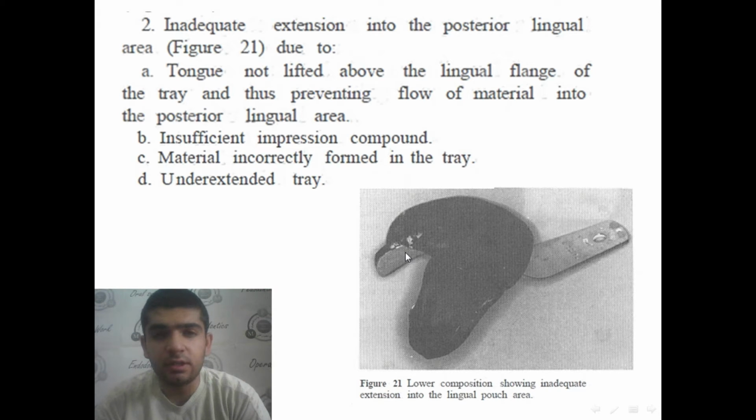First, the tongue not lifted above the lingual flange of the tray, thus preventing flow of material into the posterior lingual area. The second, insufficient impression compound. Third, material incorrectly formed in the tray. So you place most of the material anteriorly and there is little lift posteriorly. The third is an underextended tray.